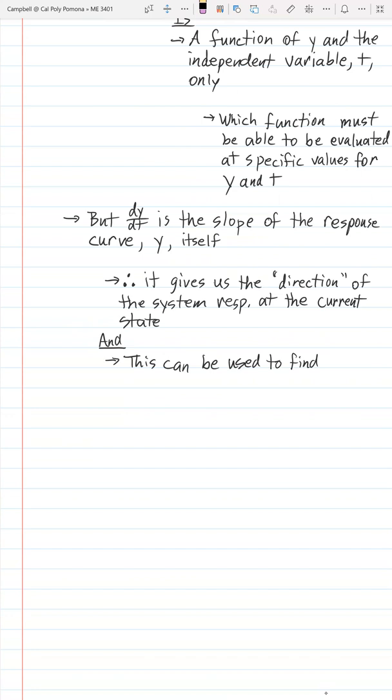And so this can be used to find an estimate of a future point on the system's response.